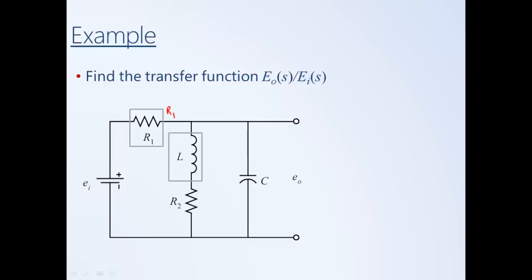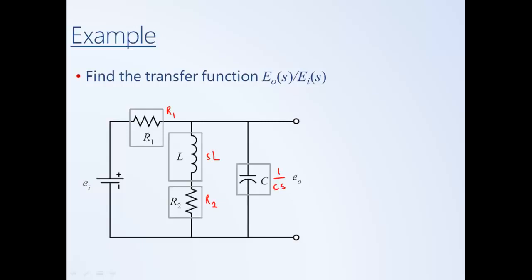You can look back on the previous slide, but it's equal to s times L. Then this resistor again, impedance is equal to resistance. And then finally we have the impedance of the capacitor, where again, if you look back on the previous slide, you can see that the impedance is equal to 1 over C times s.